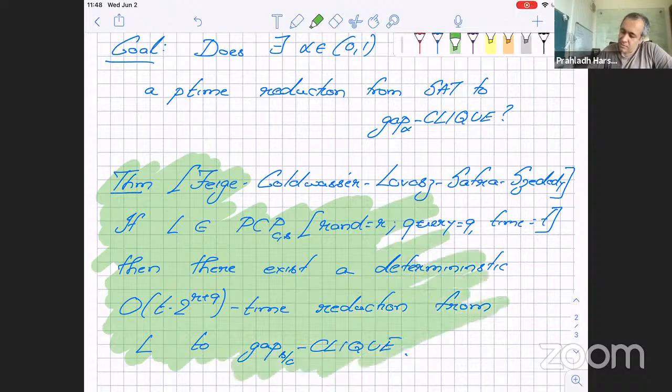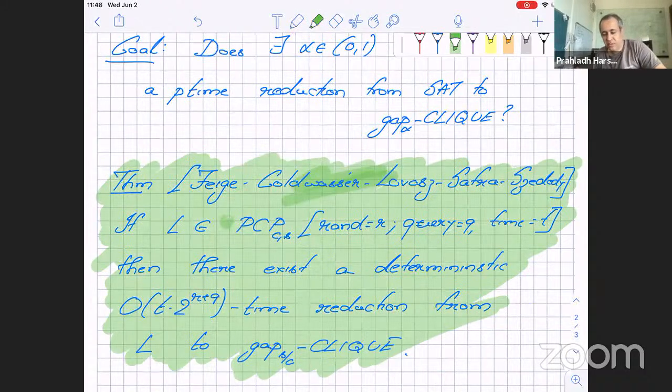Suppose I manage to show a PCP for a particular language, and the PCP has some properties: it uses only R random bits, makes Q queries to the proof, and the running time of the verifier is T. Then I will use the fact that there exists such a restricted verifier to construct a reduction from L to gap S by C clique. Furthermore, the reduction will run in time T times 2 to the R plus Q.